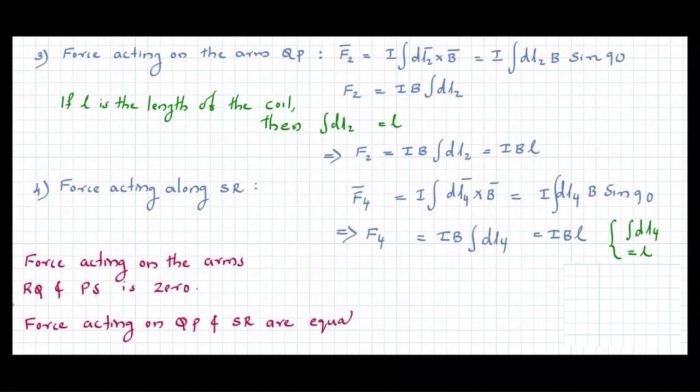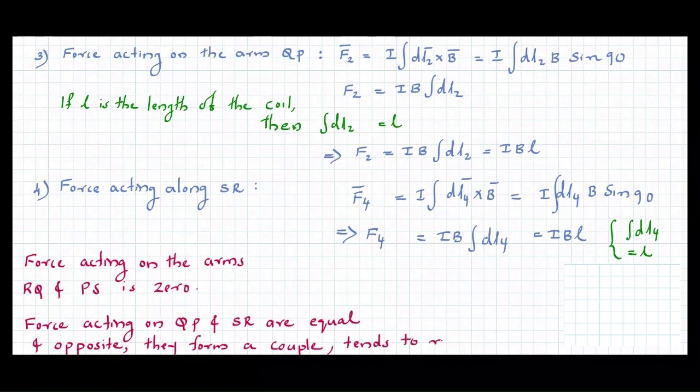Now we can see that the forces acting on QP and SR are equal and opposite, with magnitude IBL. Since they are equal and opposite, they form a couple, and as a result, the coil is rotated in the magnetic field.